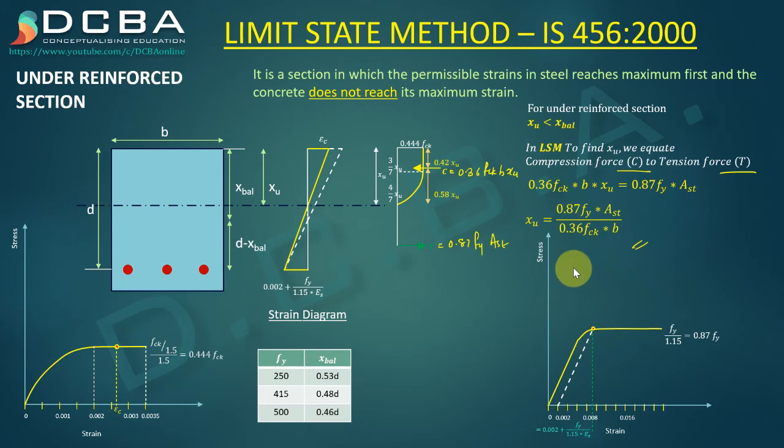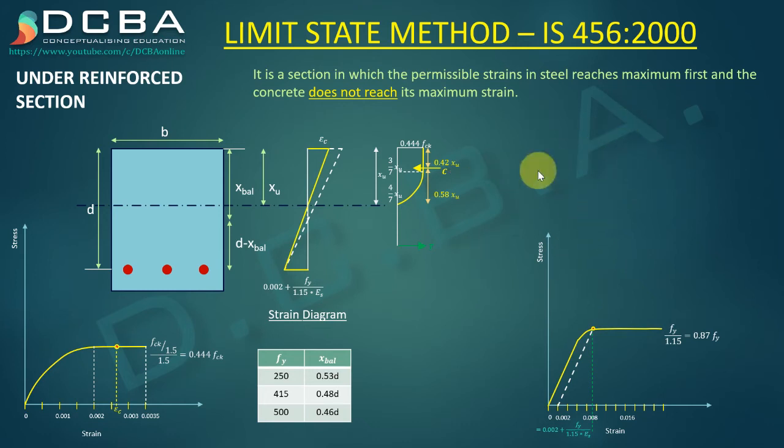The moment of resistance would be the same using that formula, 0.36 fck b XU (d minus 0.42 XU), or 0.87 fy Ast (d minus 0.42 XU). Here the XU will be whatever you get by equating C is equal to T. That XU is the actual neutral axis of the under reinforced section.